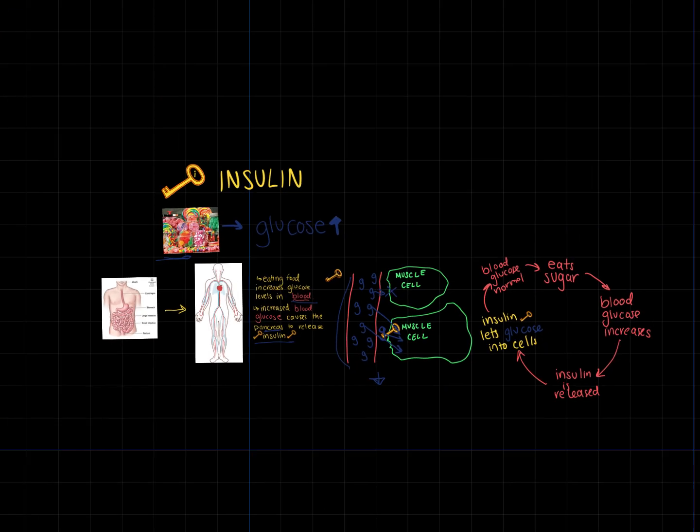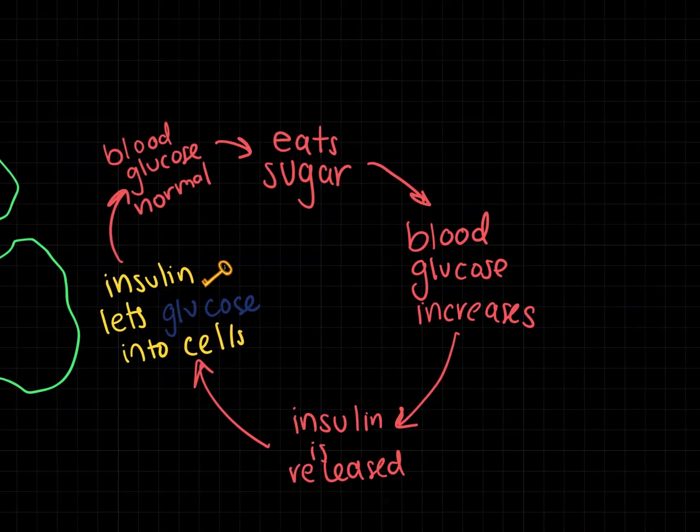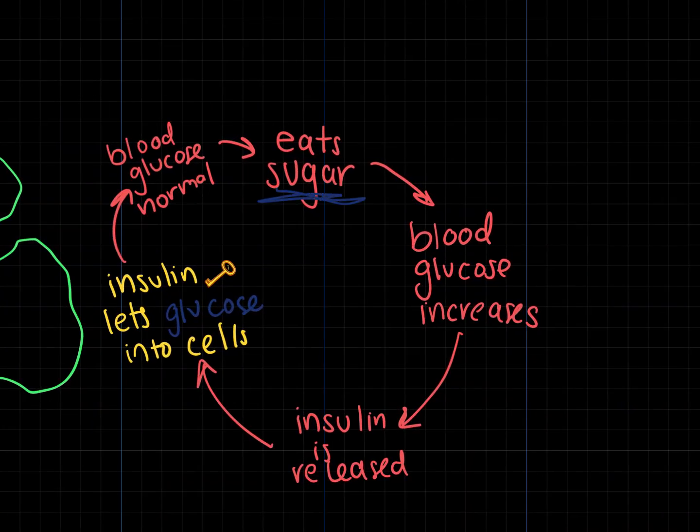So that is kind of like this loop. We eat sugar, it increases our blood glucose levels. That causes insulin to be released. When insulin is released, it allows glucose into cells and out of the bloodstream, and that returns our blood glucose to normal.